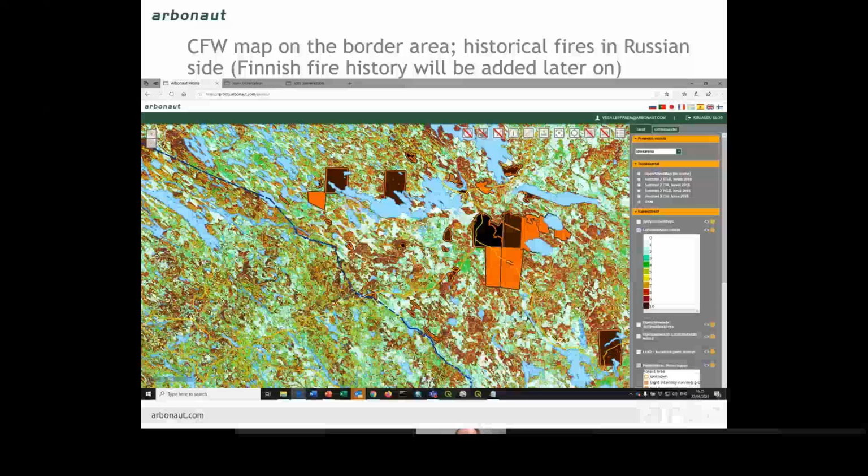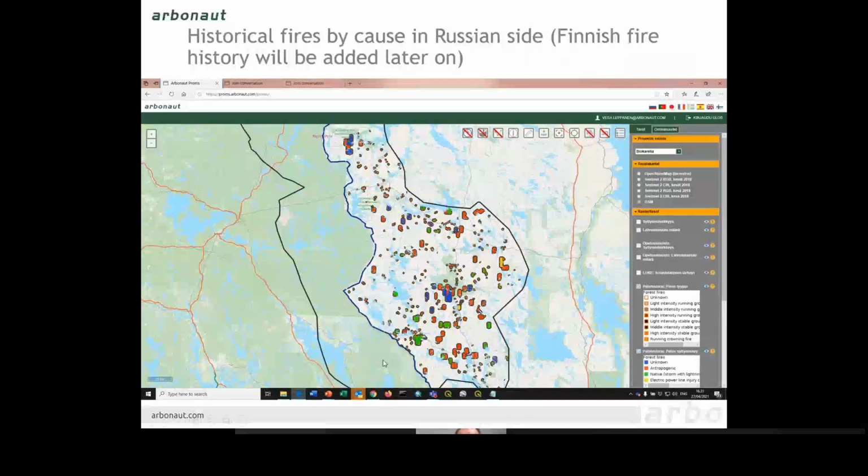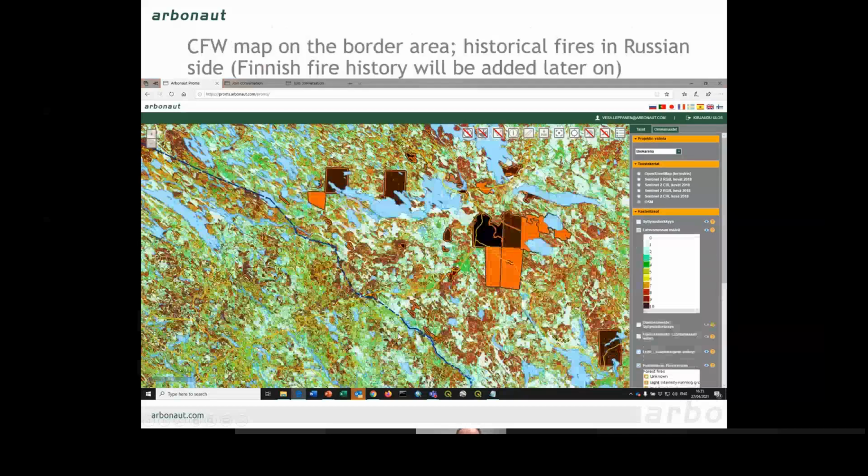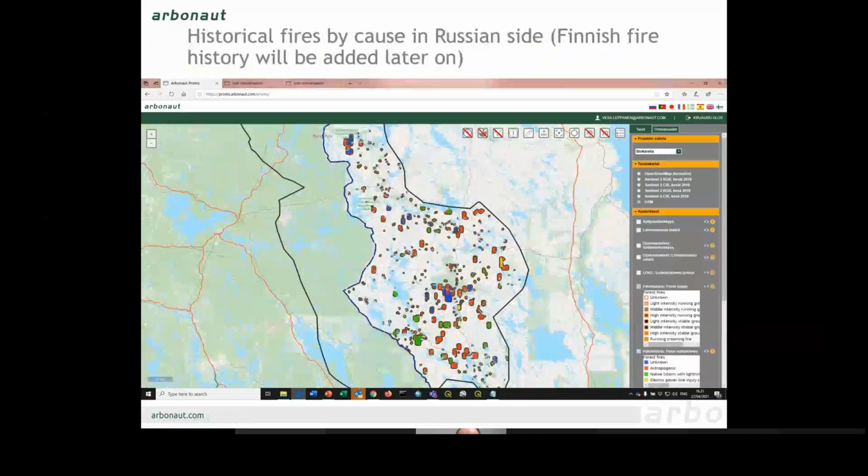Here, I was zooming actually, let's go to this area where we see lots of fires close to the border. And when we look at these fires a bit more, we can see that quite a few of them are caused by natural reasons, storms or lightning, but there are some red anthropogenic fires that are caused by humans.